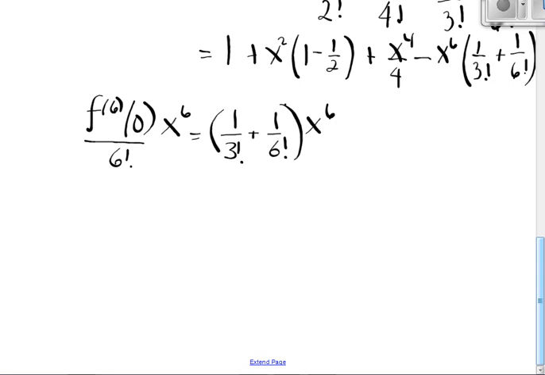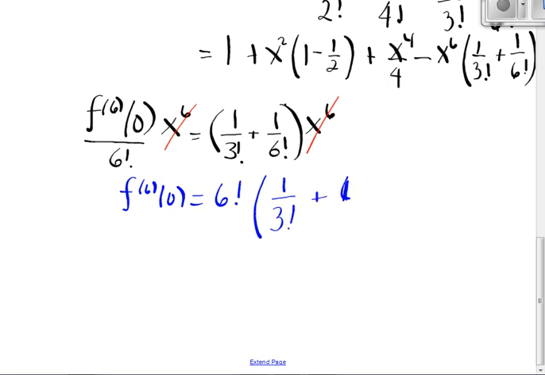What happens to x to the 6th? It doesn't go to 0. It cancels out. You divide it out. So I get the 6th derivative at 0 equals 6 factorial times this. Could you leave it?